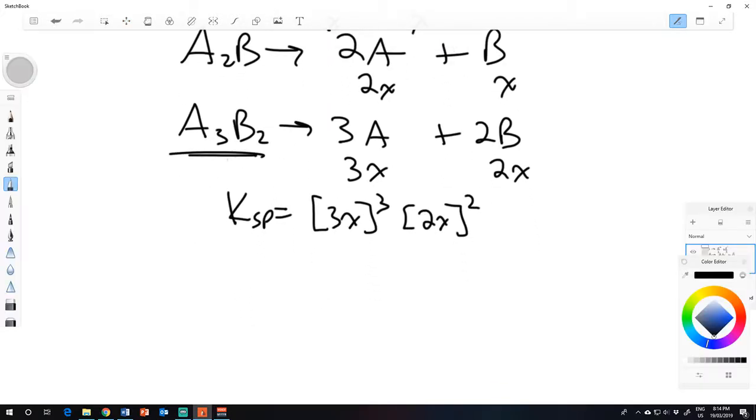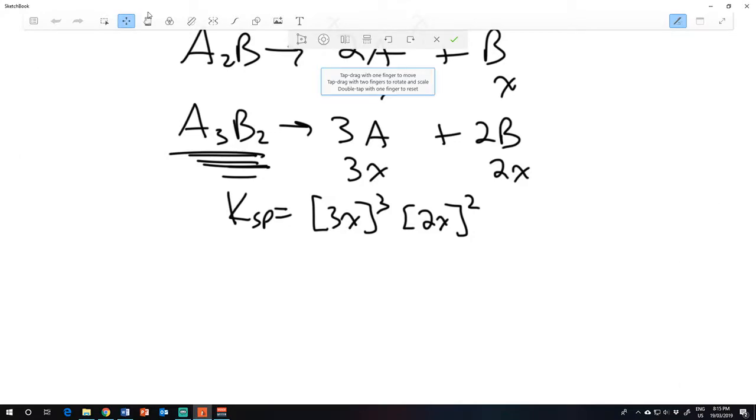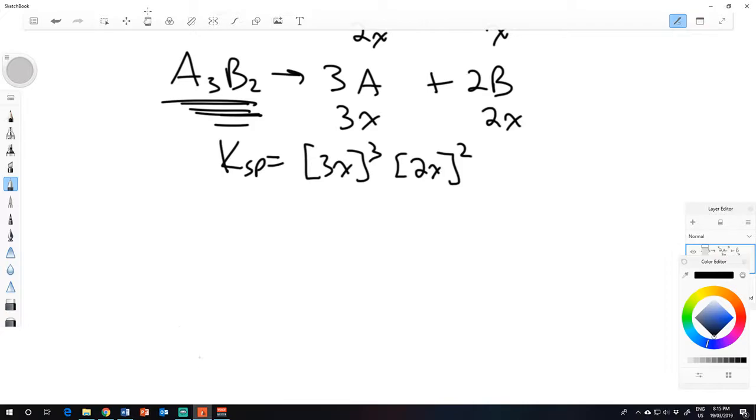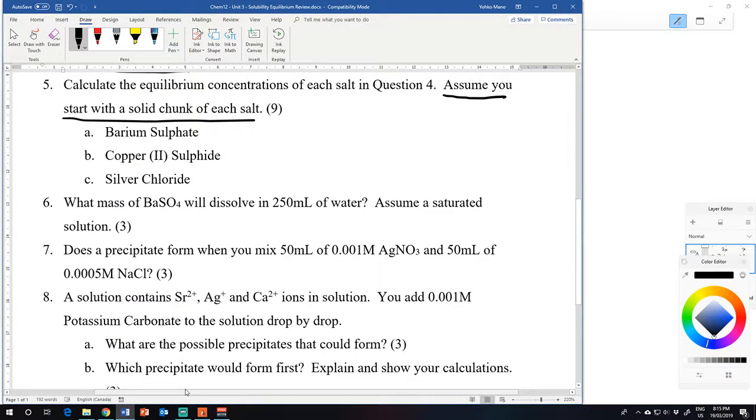But we don't deal with that kind of salt in Chem 12. It's just a lot of extra algebra we don't really need to do at this moment. All right. So that was basically question 5.